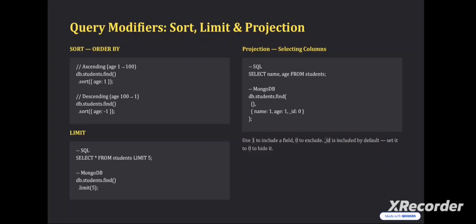If you want to omit certain fields, then we can provide name colon 0 and age colon 0. And we can't combine zeros and ones for all the fields. Only for the _id field we can combine. Since _id is the default one which is created by MongoDB, we can combine that 0 and 1 with other fields.